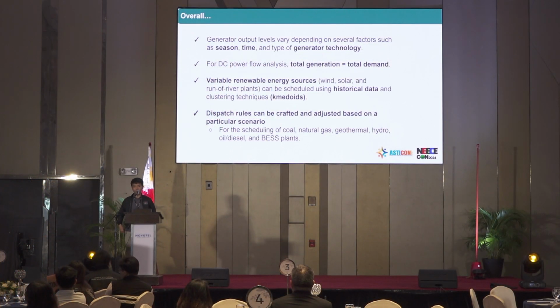To summarize everything, what we presented here is a continuation of the generator sizing and siting from the previous talk, wherein we answered how much of those sited generators must be scheduled for a particular scenario, while keeping in mind that the total generation must always be equal to the total demand.